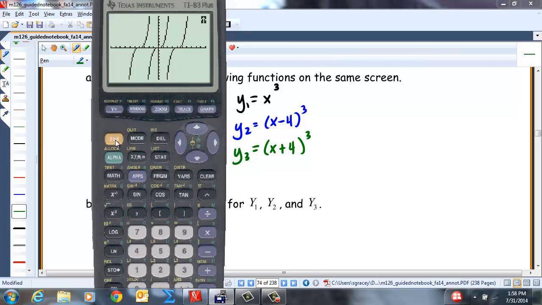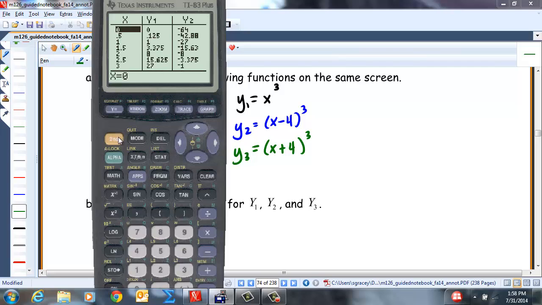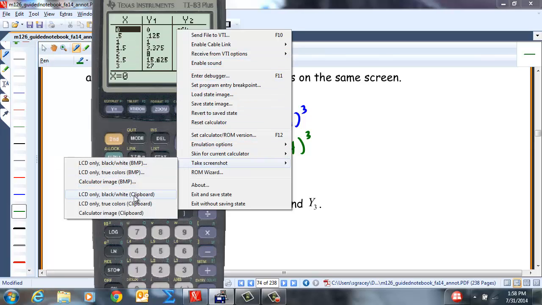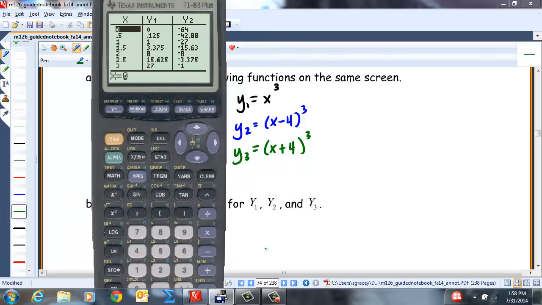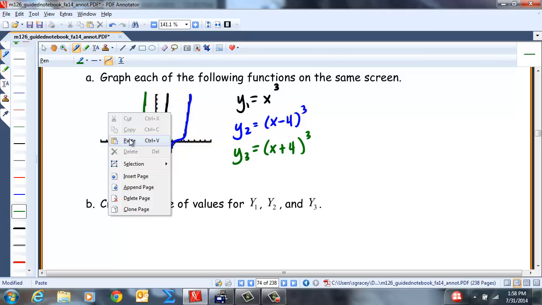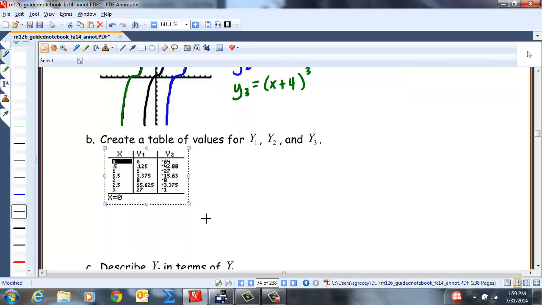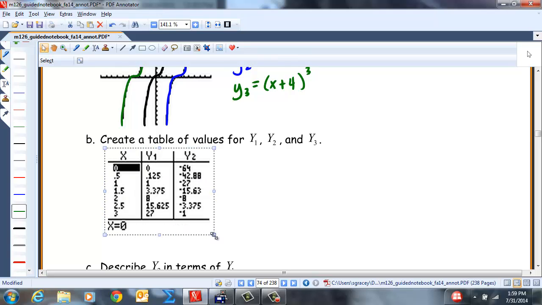So if we go to our table, nope, sorry. Yes, I did that right. So if you look here, what's happening for y2 and y1, let's think about what's happening here.